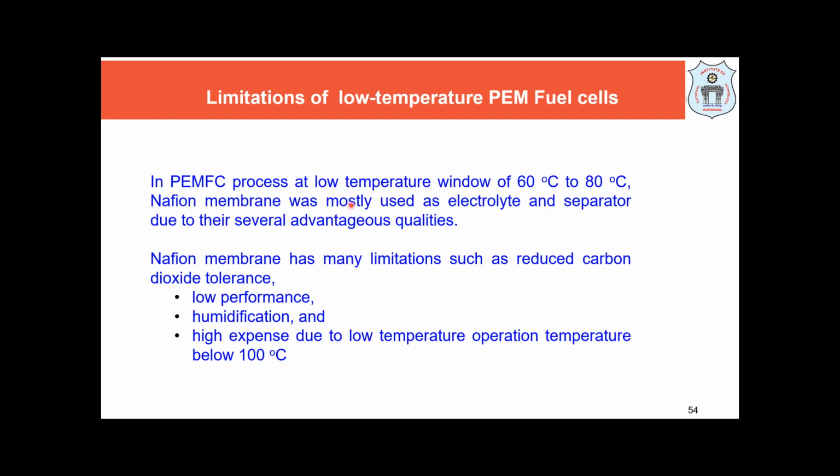These Nafion membranes are used as the electrolyte and separator due to several advantageous qualities. However, when used at these temperatures, these Nafion membranes have some limitations, such as reduced carbon dioxide tolerance, lower performance, the need for humidification, and high expense due to low temperature operation below 100 degrees Celsius.